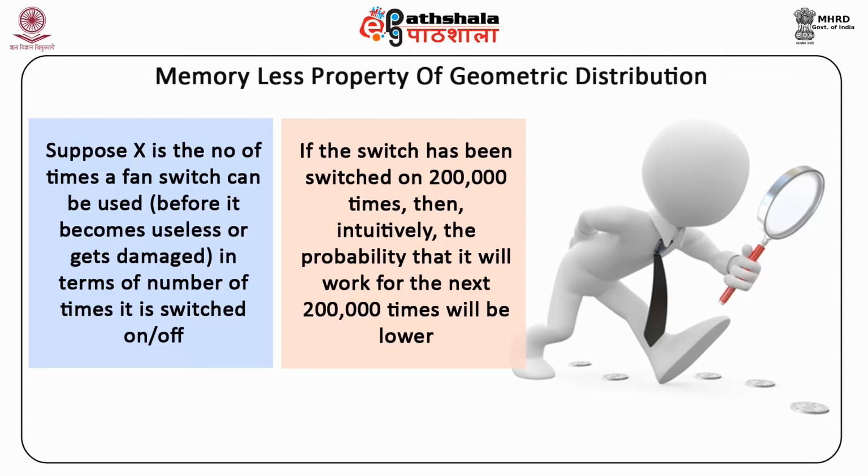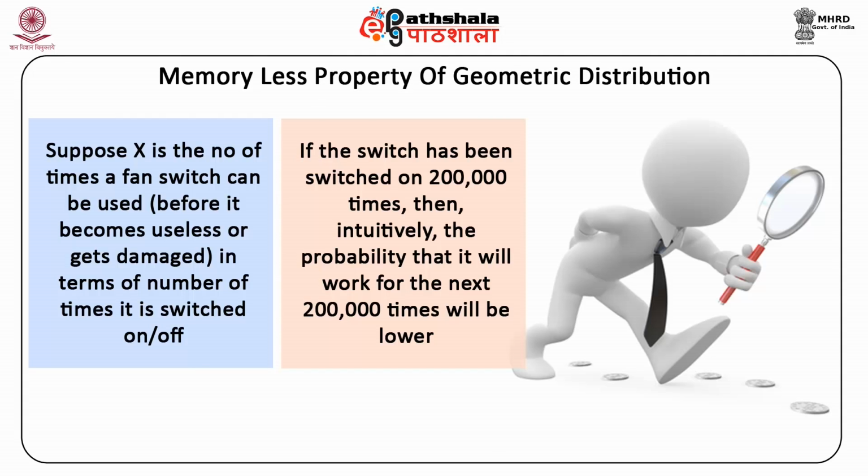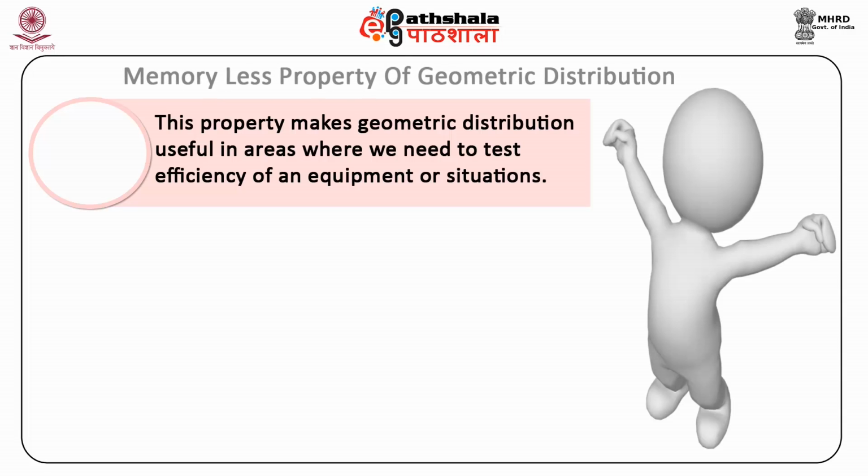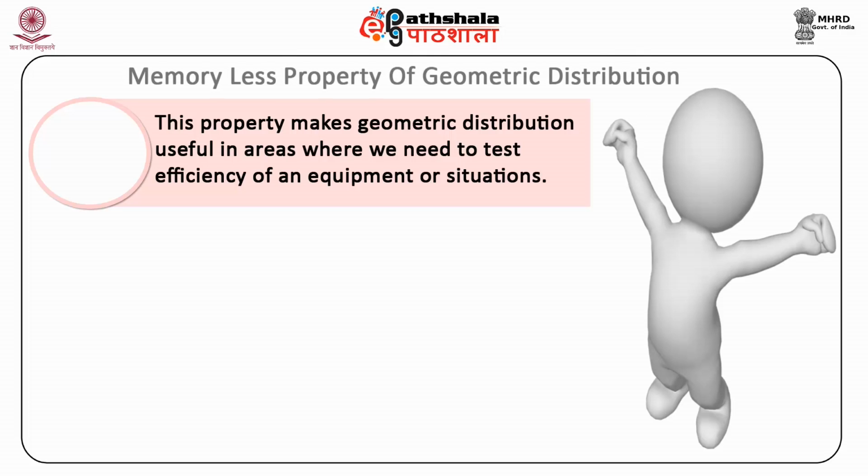The performance of the switch remains constant in every on-off operation, regardless of how many times it has already operated in the past. This property makes geometric distribution useful in areas where we need to test the efficiency of an equipment or situations where a large number of attempts are needed or when each attempt is expensive in itself.